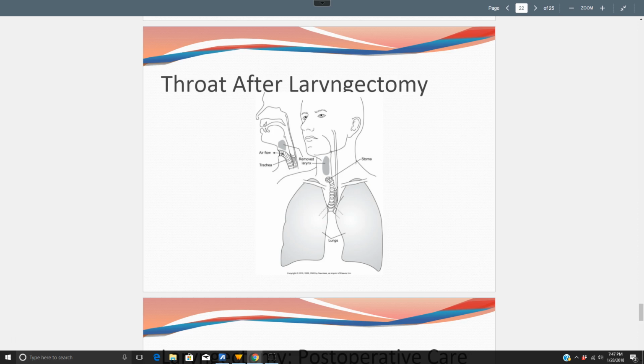Of course, the staging process will occur: tumor size and location, number of involved lymph nodes, and the presence or absence of metastasis, and that will go anywhere from 0 to stage 4. Radiation and chemotherapy may be needed depending on the extent of the tumor.